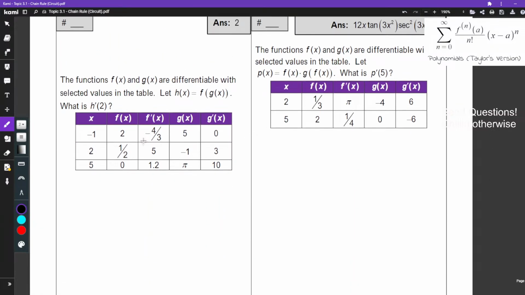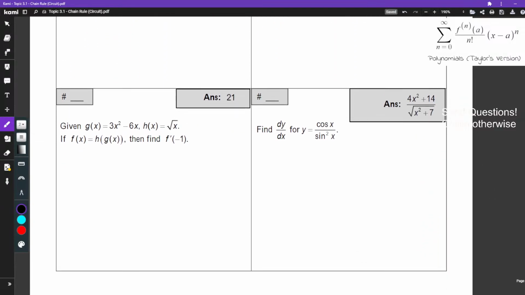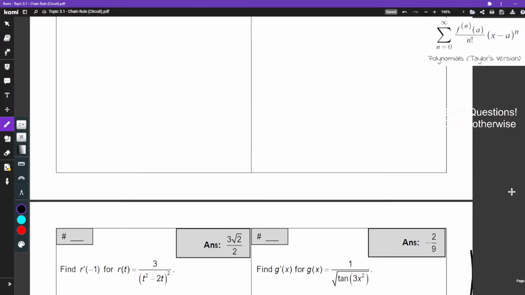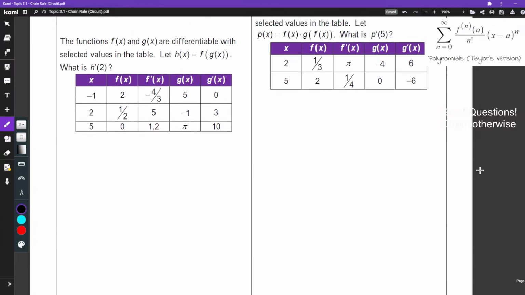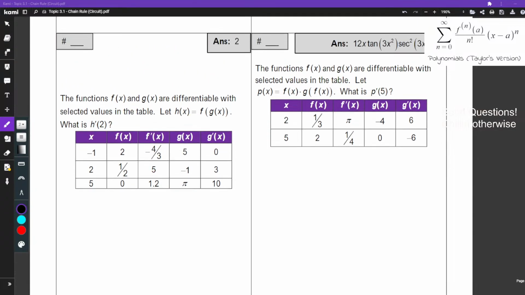This right here is a good one for the quiz. These two, actually both of them are good for the quiz. But yeah. Actually, let's go ahead and do like this one. 15, 17, and 19. Yeah, I can.